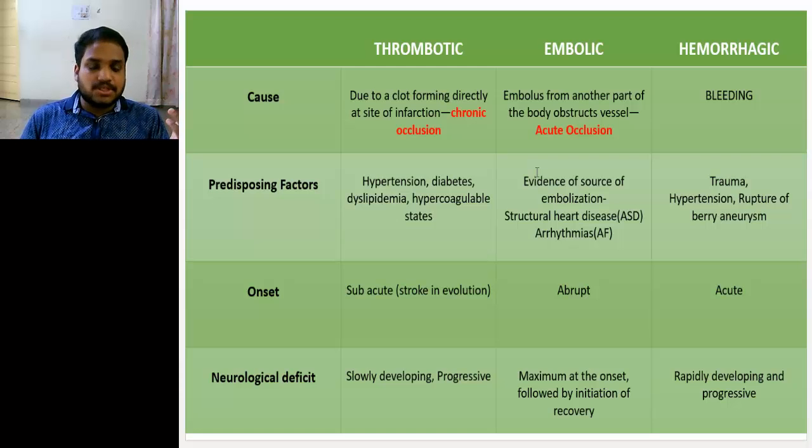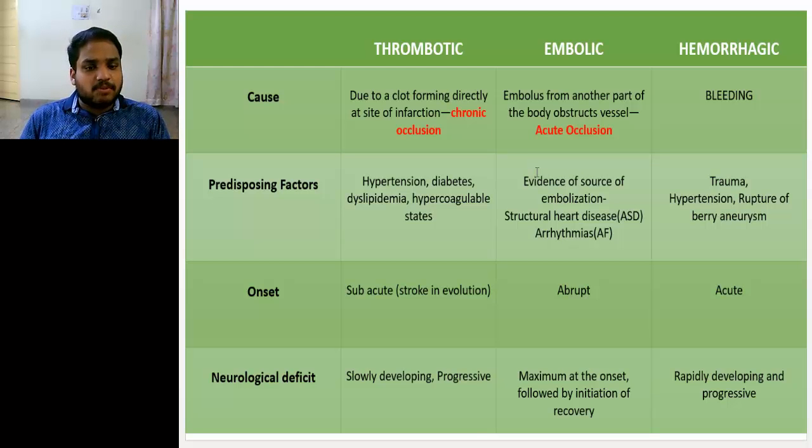In young patients, the common cause of embolization is structural heart disease, such as atrial septal defect. And in older patients, arrhythmias are the most common cause, among which atrial fibrillation is the most common cause for an embolic stroke.